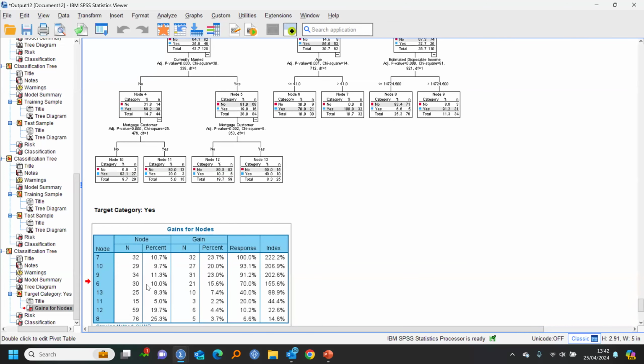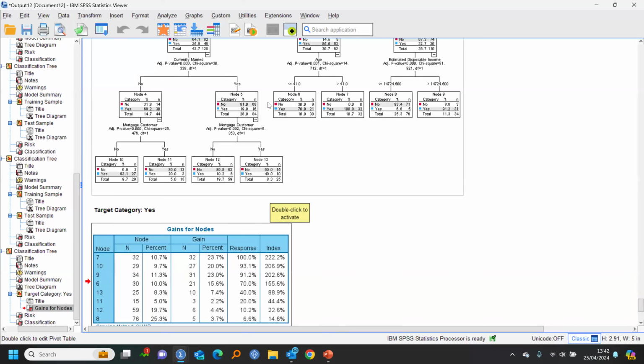It says node number 7, which has 32 cases, and that represents 10.7% of the entire sample, because we've got roughly 300 records and 32 is just over 10%. And it's saying if you could find everybody in that group, you would find 23% of the people who bought home insurance within just that group.